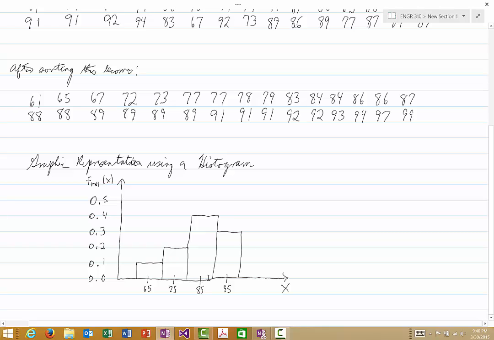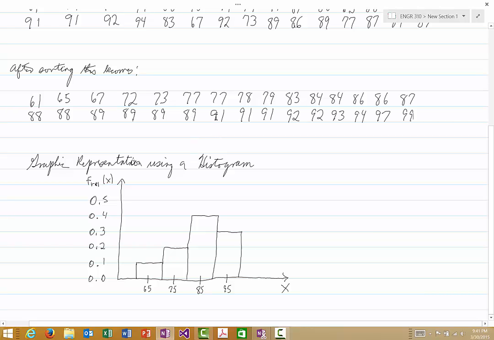For 80 to 90, we have a relative frequency of 0.4. So this is 40% of 30, which would be 12 values in that range. And sure enough, you have 83, 84, 84, 86, 86, 87. So that's 1, 2, 3, 4, 5, 6 values there. And then 1, 2, 3, 4, 5, 6 more values down here between 80 and 90.